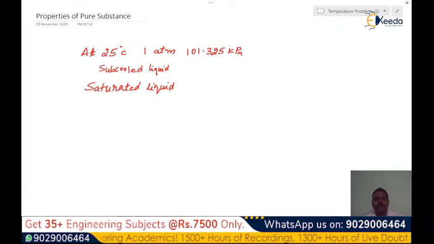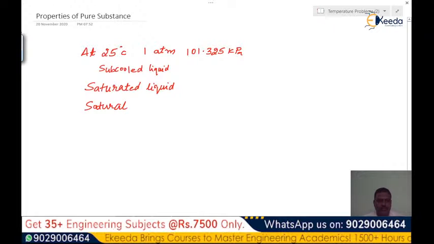Initially there will be a higher percentage of liquid and a lower percentage of vapor, and at the middle there will be 50% liquid and 50% vapor, and upon adding heat, finally it is completely vapor, 100% vapor and 0% liquid, and that state is called saturated vapor.